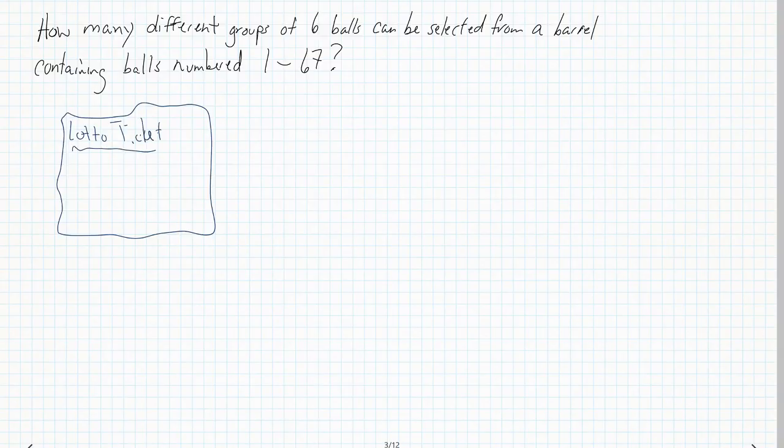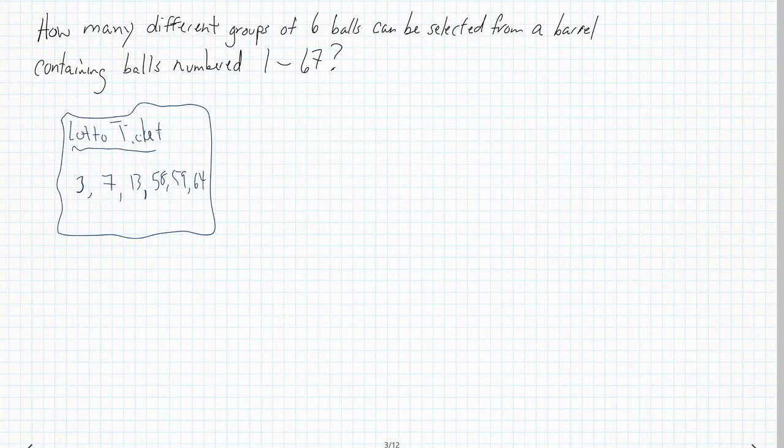Okay, so you have your lotto ticket, and on your lotto ticket you have 3, 7, 13, 58, 59, and 64.